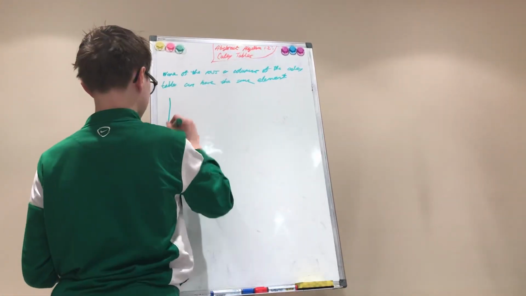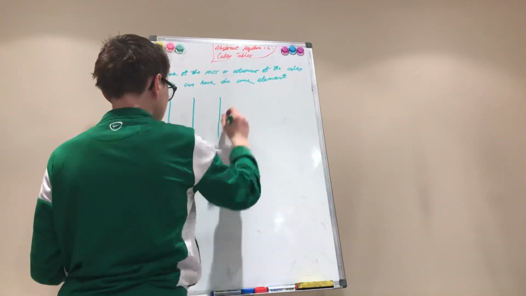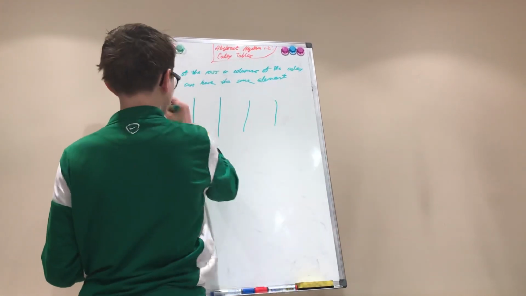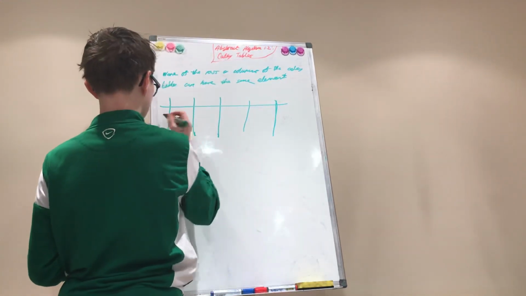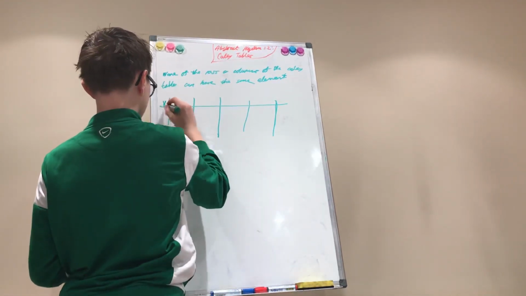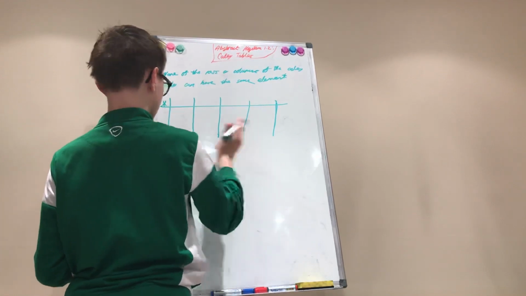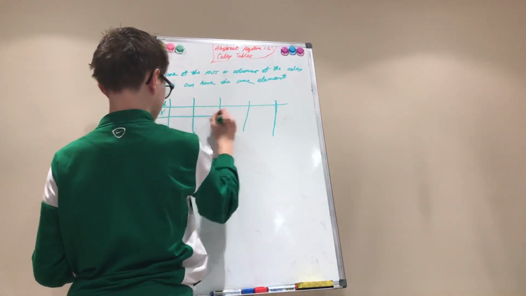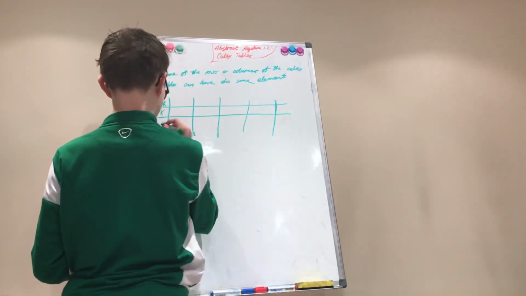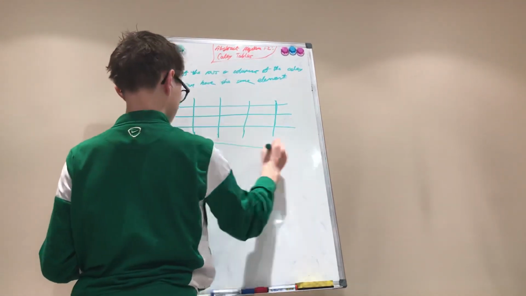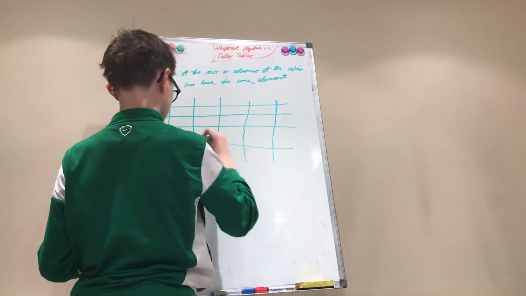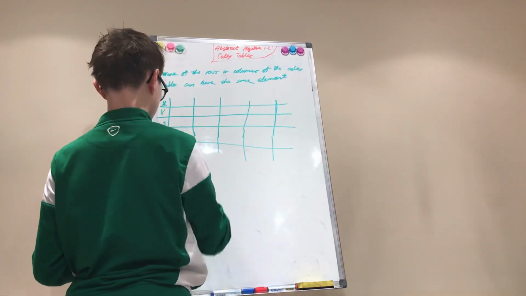Say we have some Cayley table like this. We have X. We have Y. We have some other stuff.